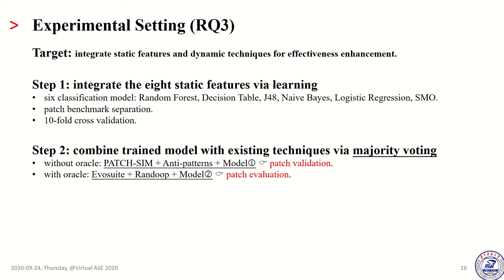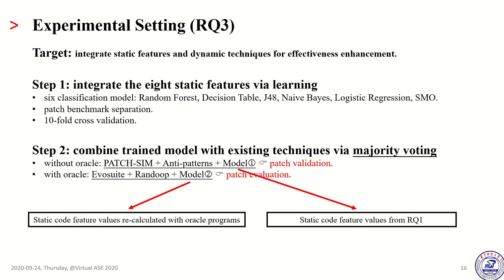Specifically, without oracle, we select patch theme, anti-patterns, and the optimum model. This strategy can be applied to the patch validation process. With oracle, we choose Eversweet, Rundup, and the optimum model. This strategy can be applied to the patch evaluation process.